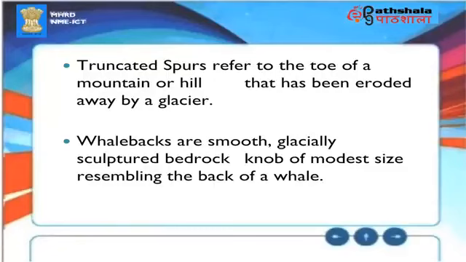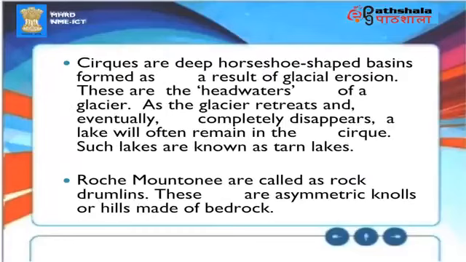Truncated spurs refer to the toe of a mountain or hill that has been eroded away by a glacier. Whalebacks are smooth, glacially sculptured bedrock knobs of modest size resembling the back of a whale. Cirques are deep horseshoe-shaped basins formed as a result of glacial erosion.